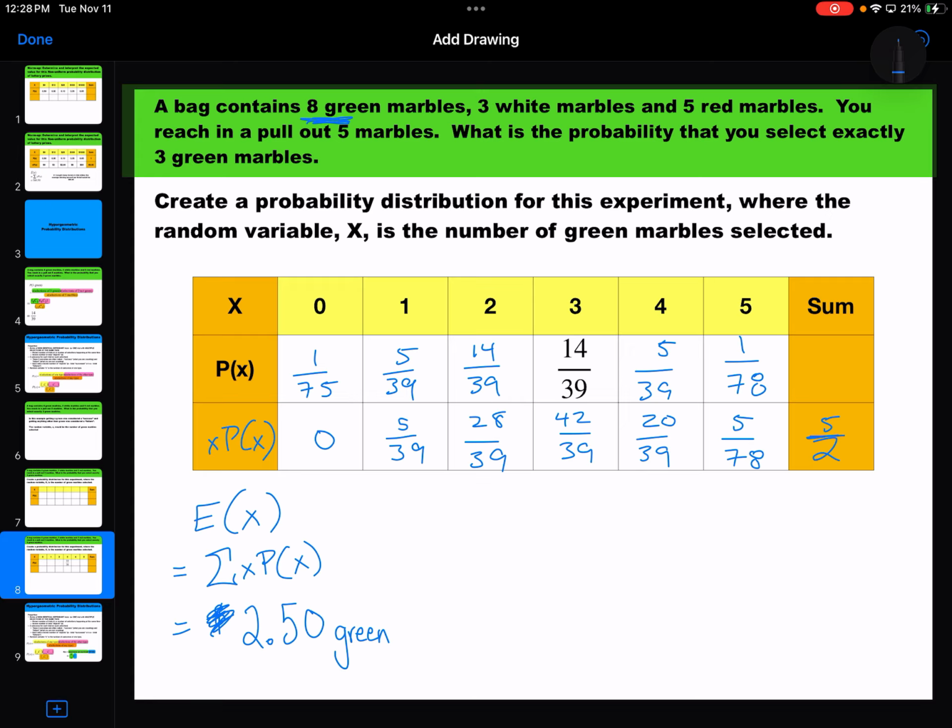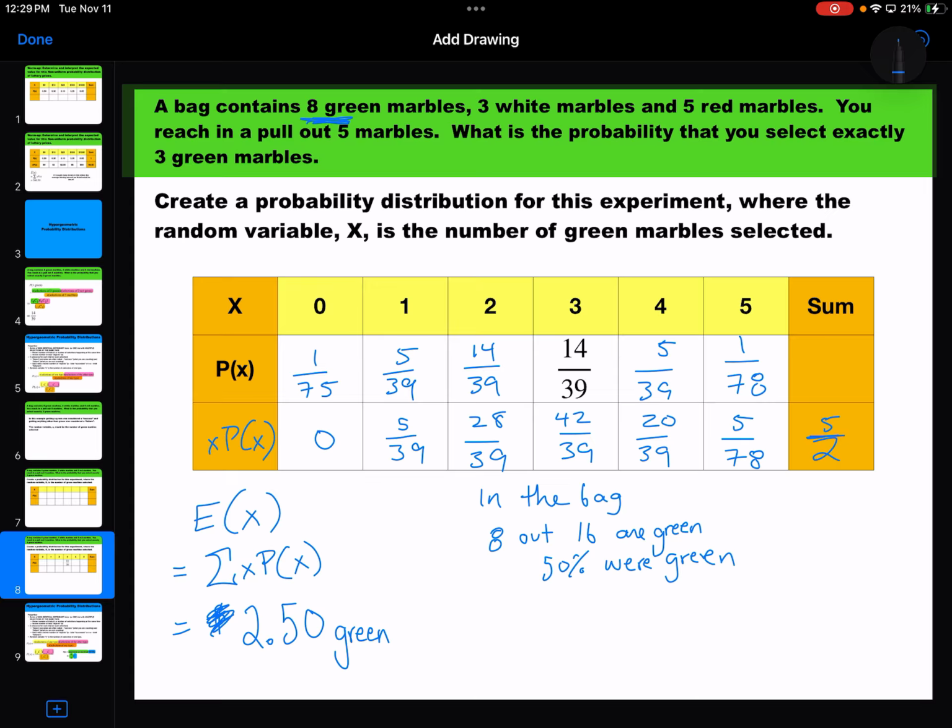Now, let's look back at our numbers again, right? We started, so in the bag, 8 out of the 16 marbles are green. What percent of the original bag of marbles were green then? That means 50% were green in the original bag. Okay?